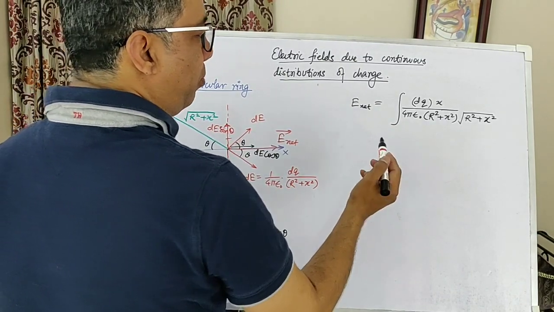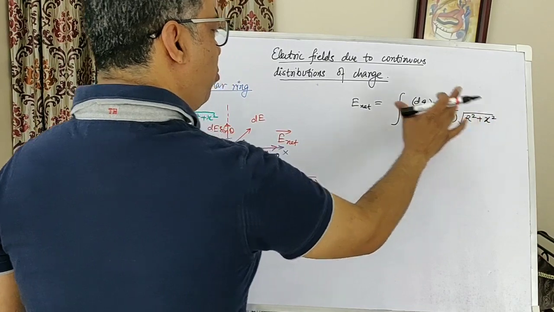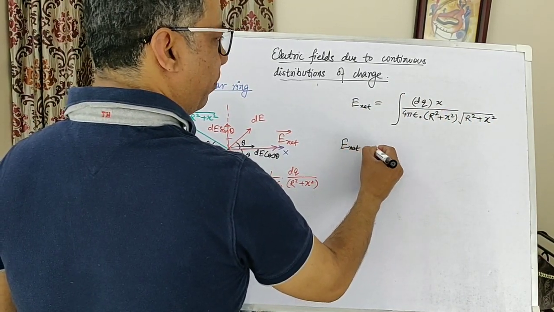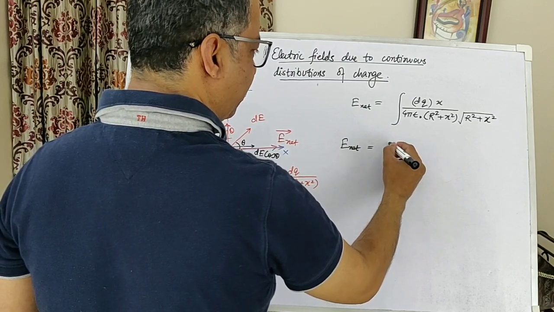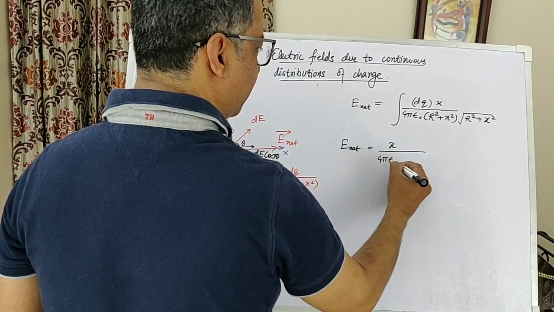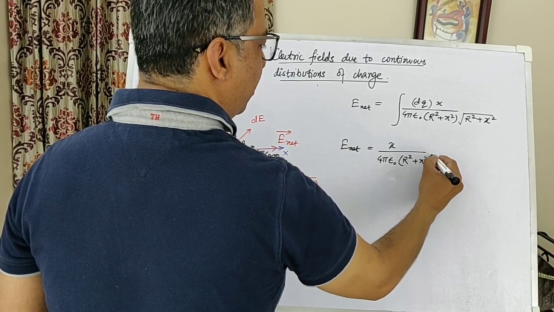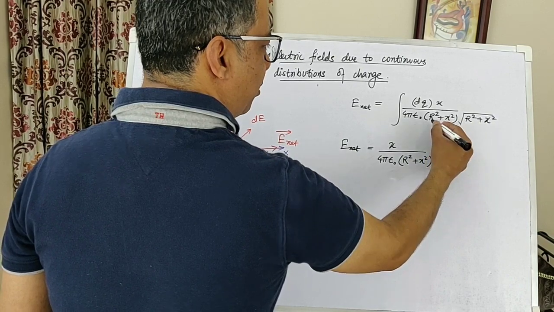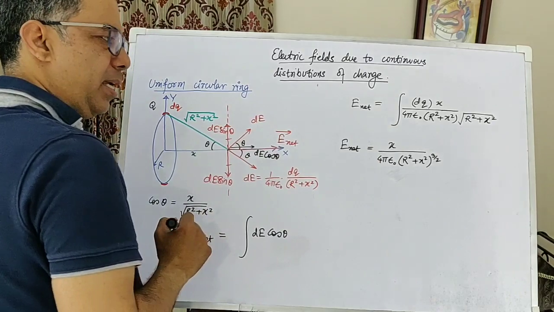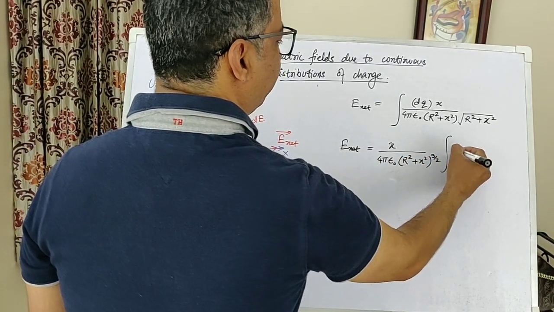Now, because x and r are constants, they come out of the integration, and the net electric field will be calculated as x by 4 pi epsilon naught (r square plus x square) to the power 3 by 2 times the integral of dq. Here, r square plus x square into root of r square plus x square is (r square plus x square) to the power 3 by 2.